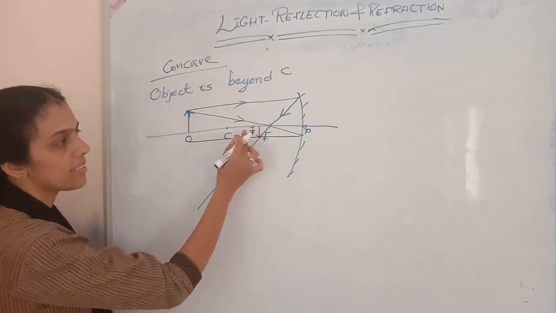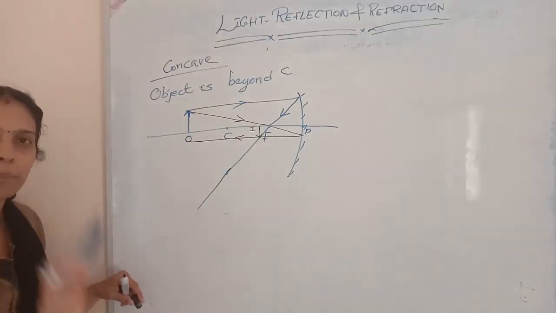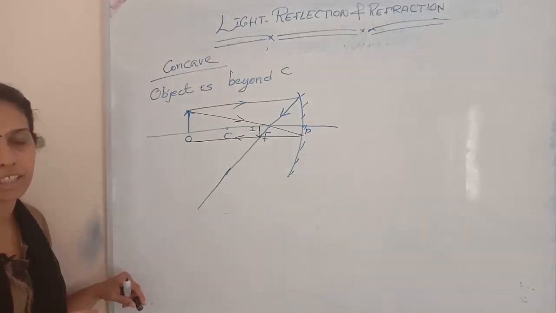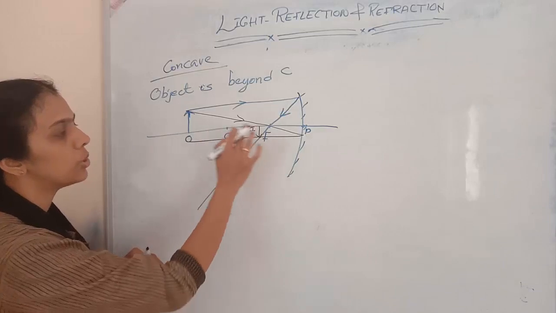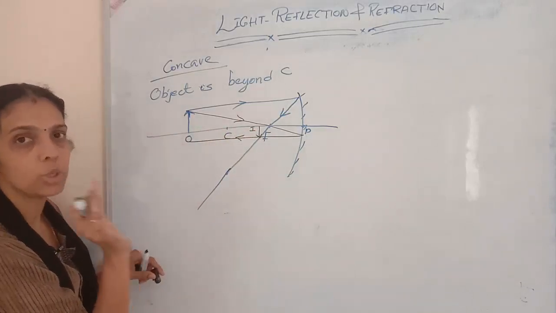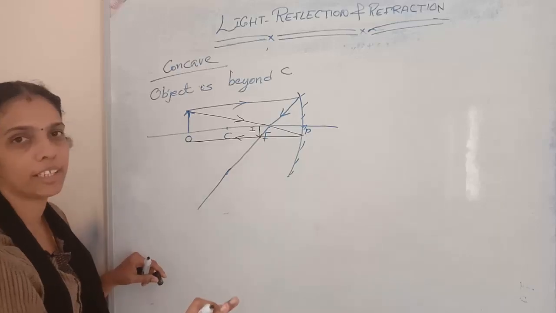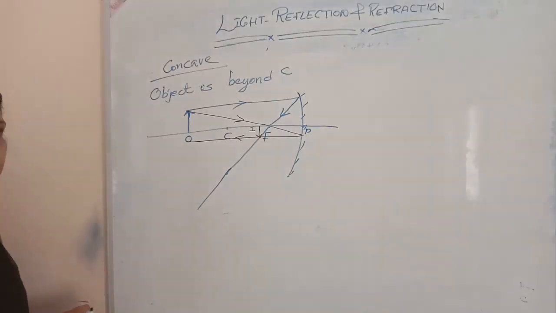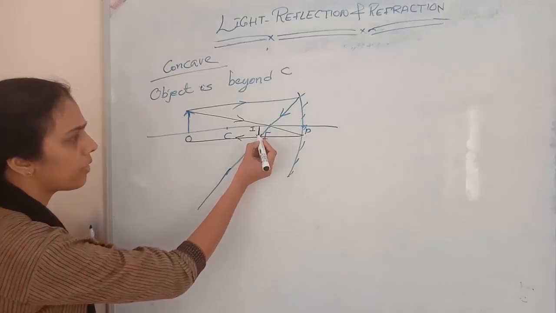Okay, clear? Two reflected rays should meet to get an image. Always remember that with one line you can't find the position of image. So which kind of image is it?